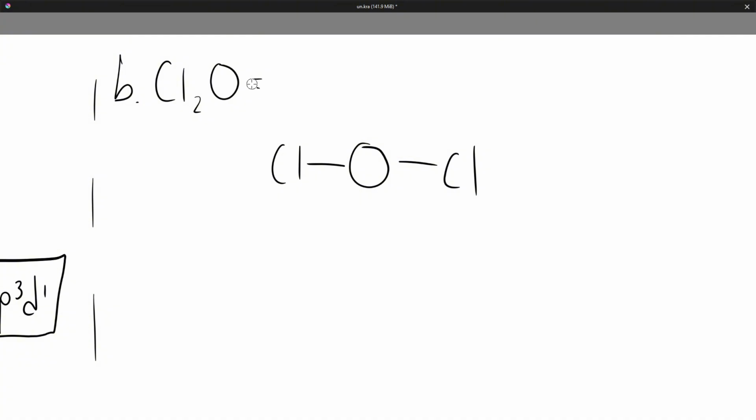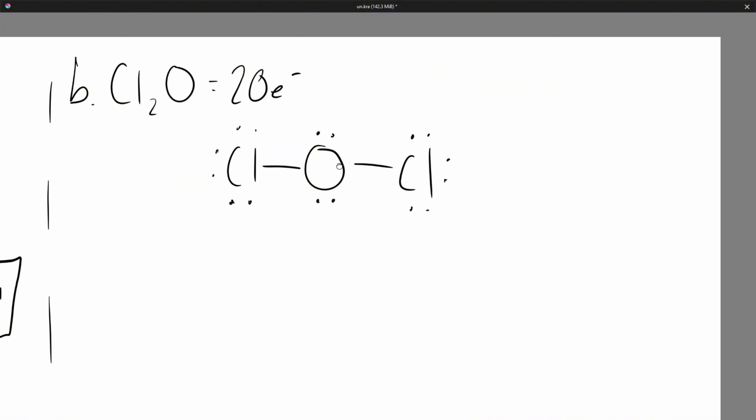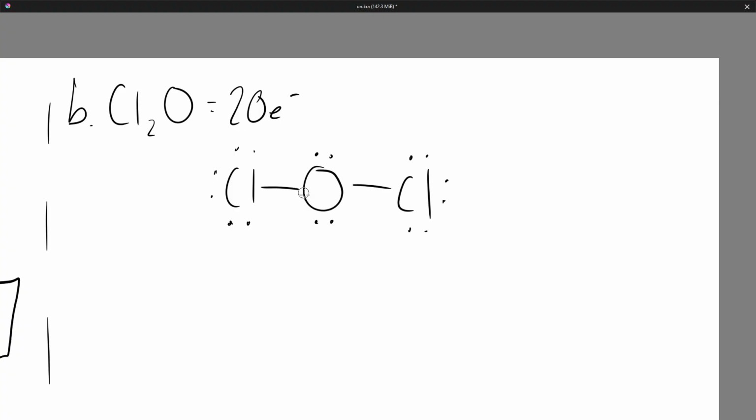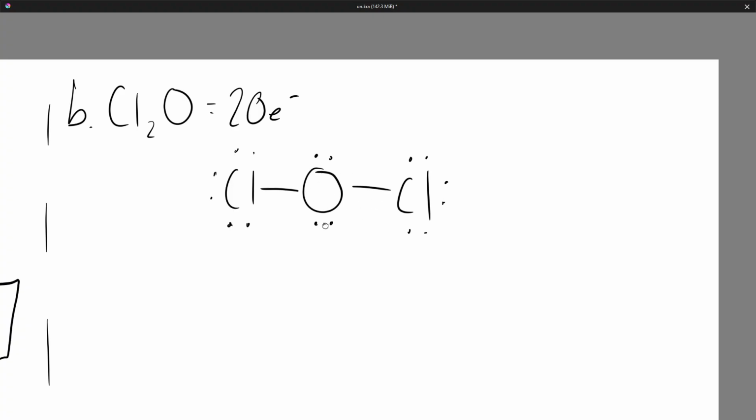So in total 6 plus 14 is 20 electrons we've got to work with. So I'll do that real quick for you guys. So 2, 4, 6, 8, 10, 12, 14, 16, 18, 20. That's good. See, each atom has an octet.